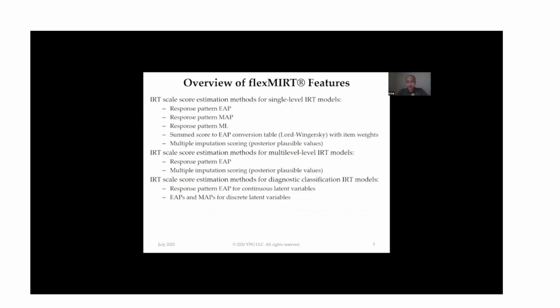The program can generate scores, which is important for many IRT applications. We can, of course, compute the classical EAPs, the MAPs, and response pattern-based maximum likelihood scores are included because there is a desire for people to continue to use this, especially in operational settings.